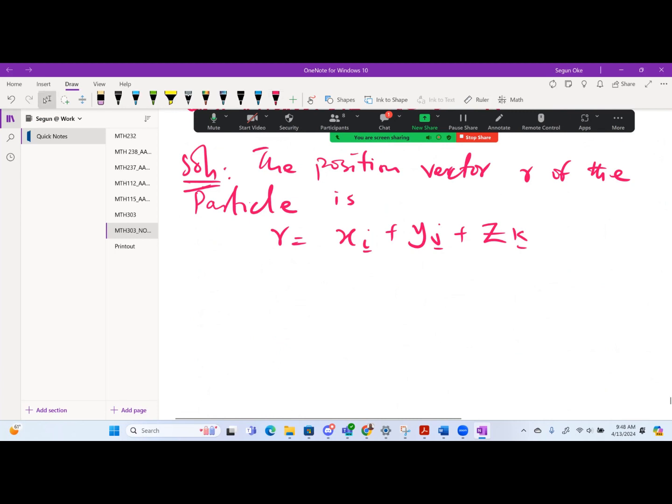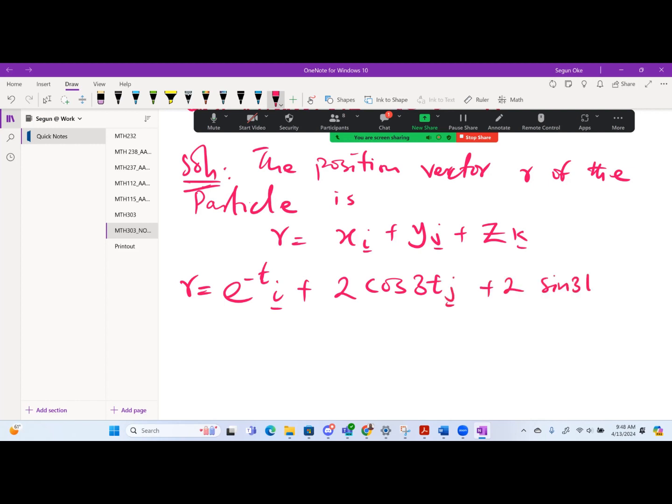Those are their components. So our R will be e raised to power minus t i plus 2 cos 3t j plus 2 sine 3t k.